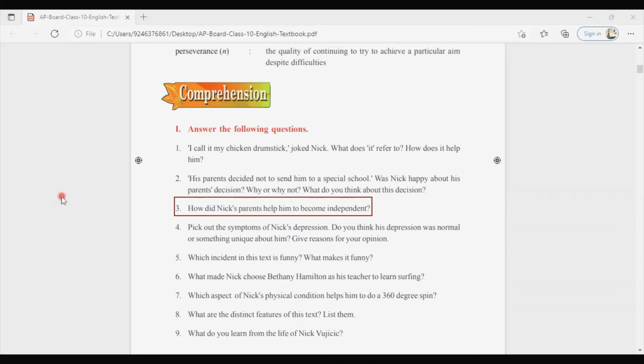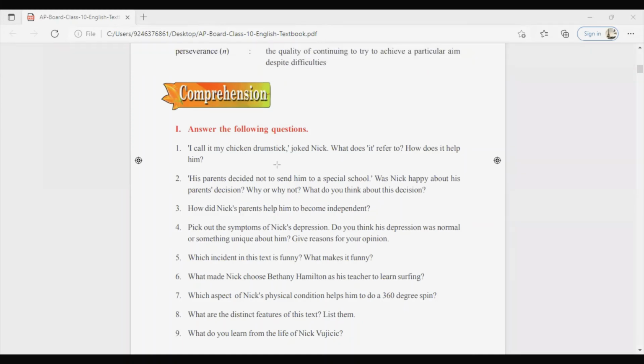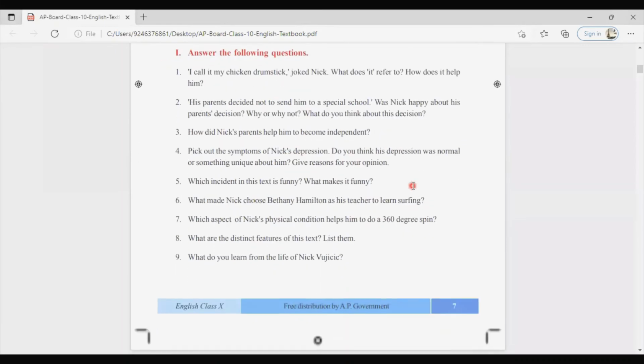Correct? You have seen in the picture also on the page, right? In spite of the risk of bullying, Nick's parents insisted he go to the mainstream school only. They did not allow him to go to any special school. Clear till here? Right.